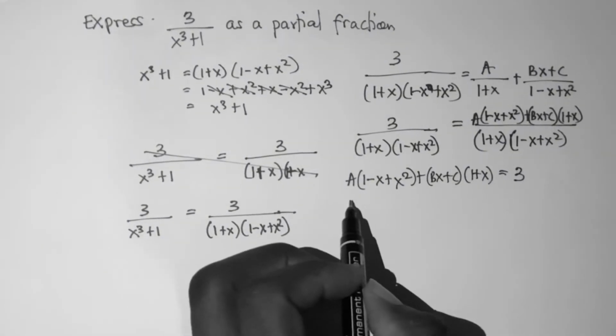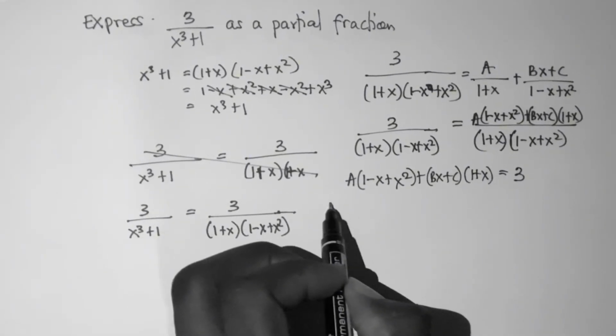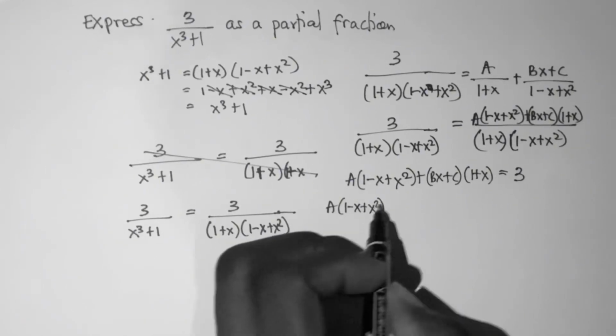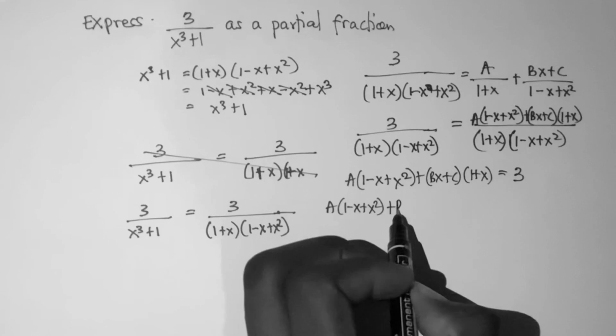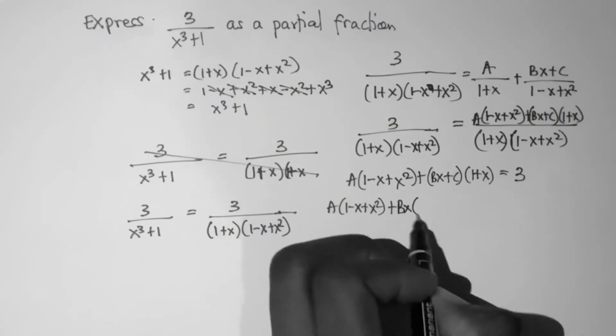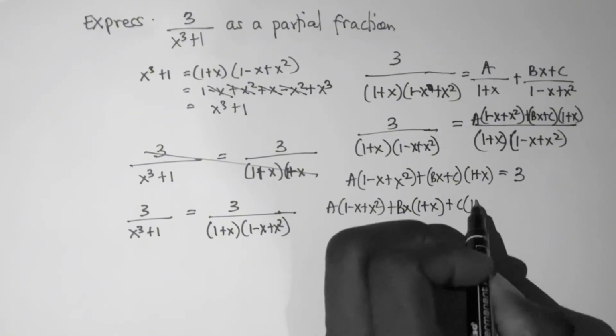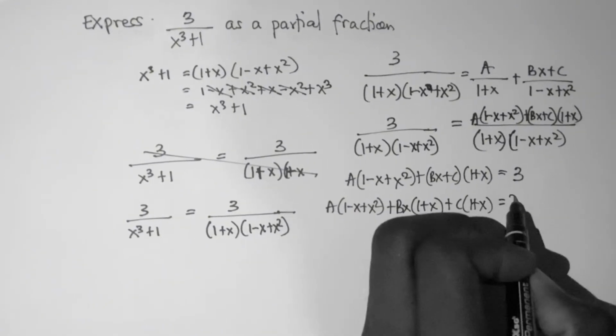So let's expand the bracket. This becomes A times (1 minus x plus x squared), plus Bx times (1 plus x), plus C times (1 plus x) equals 3.